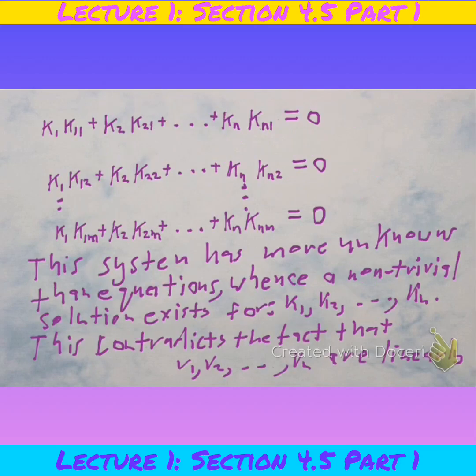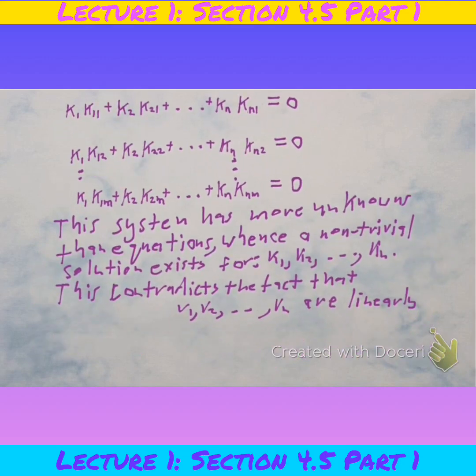As I previously said, the system has more unknowns than equations, and therefore we're going to find a non-trivial solution for the k's, for k1, k2, up until kn.